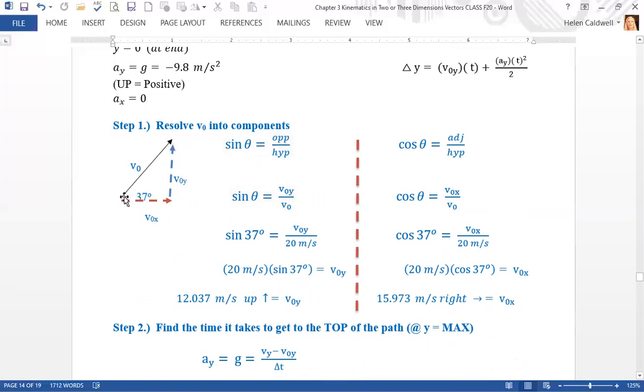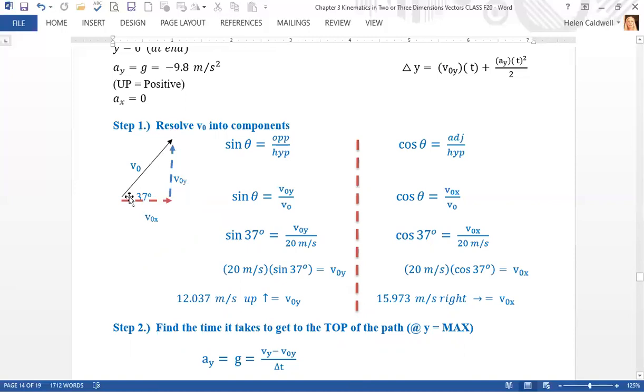So this is my V0, the black arrow. We remember when we're resolving into components, we want to think of the vector as being the hypotenuse of a right triangle. So I've drawn in V0x, that's the red arrow, and I've drawn in V0y, that's the blue one. And this 37-degree angle is right down here in the left-hand corner.